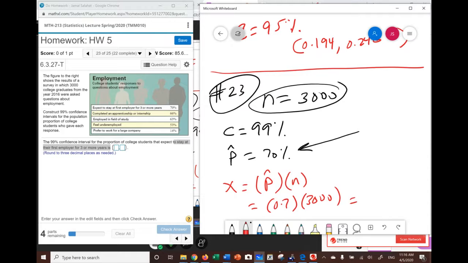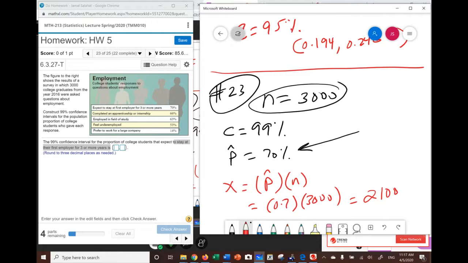We know that 7 times 3 is 21, so this is 2,100. Or you can use a calculator. So we know that 2,100 people out of 3,000 said they're going to stay at their first employer for 3 or more years.